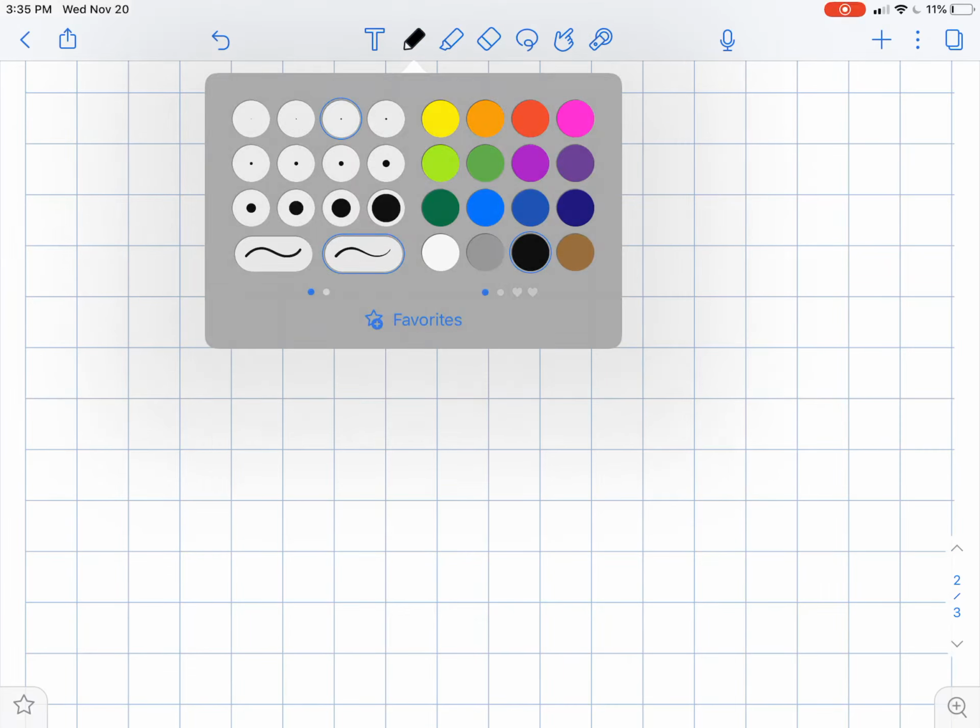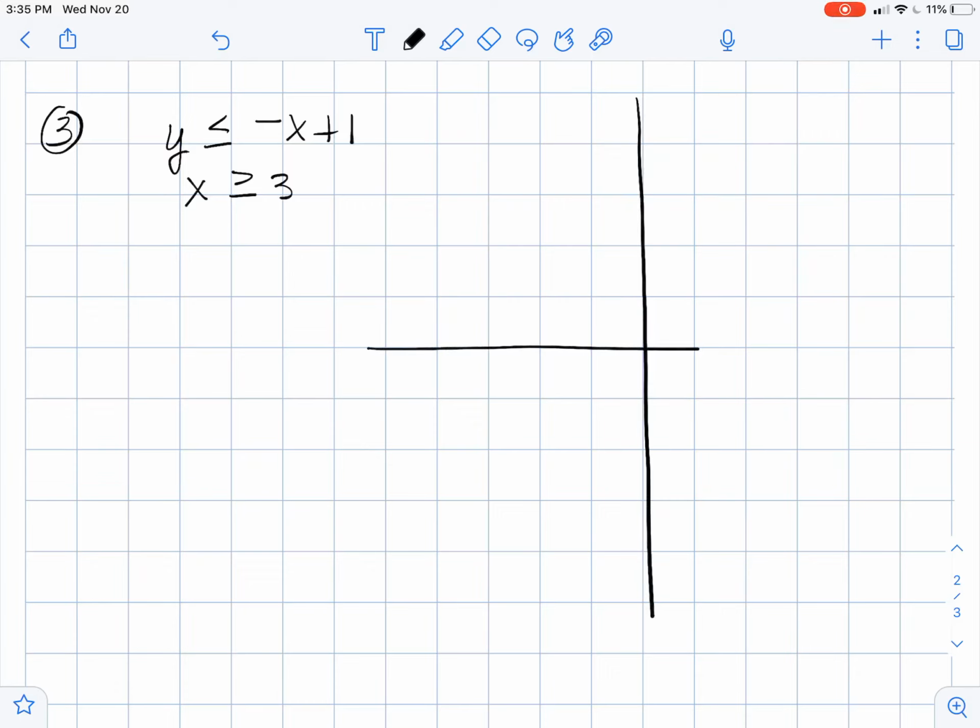Now, number 3 is going to put these 2 steps together. Oops, it's an X. Okay, so on this one, my slope is a -1, and my y-intercept is a +1.